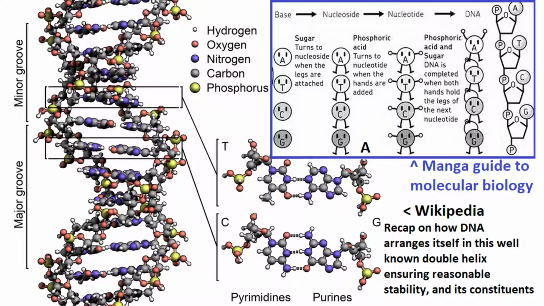The minor and major groove is what helps us differentiate between the sense and antisense strands, like the 5' and 3'. They ensure a reasonable amount of stability in the double helix formation. As you see in the illustration, it's like if you would stack people on top of each other and tell them to hold each other's right or left feet, and then you twist them, and if those people were grouped in pairs, with their mates, they would automatically form a double helix.